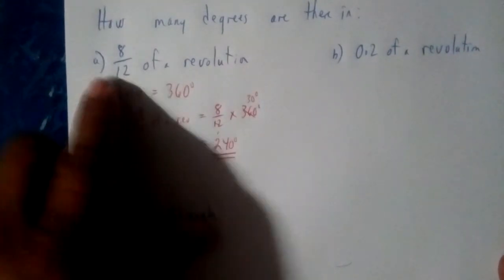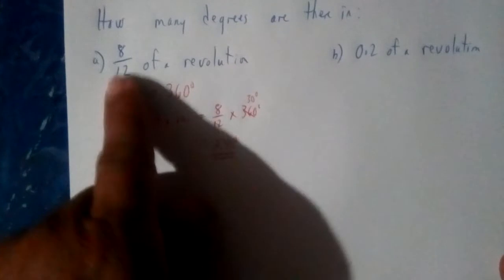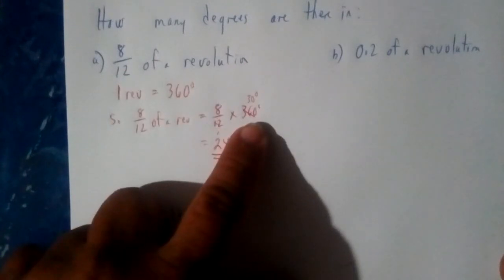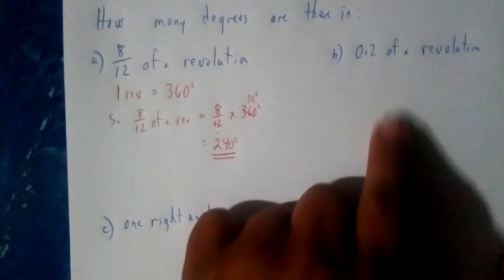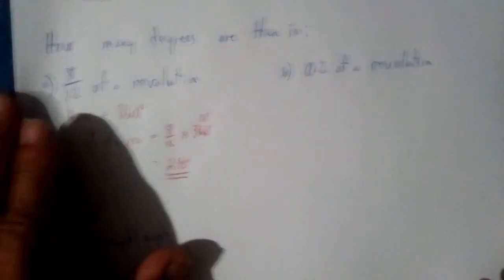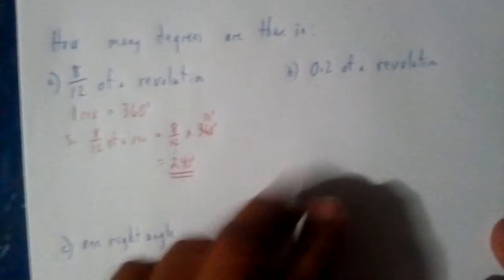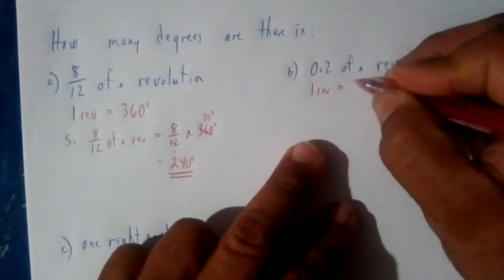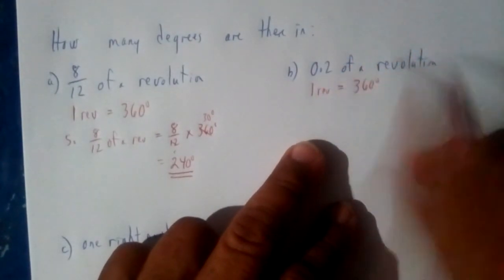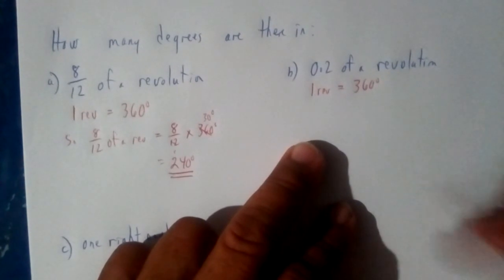So given a fraction of a revolution, put that fraction times 360 degrees, which is the total degrees in a complete revolution. Let's go with the decimal format now. Given the decimal of a revolution, how do you work that out? I will start with this: 1 revolution is equal to 360 degrees. You state that. That's a fact.